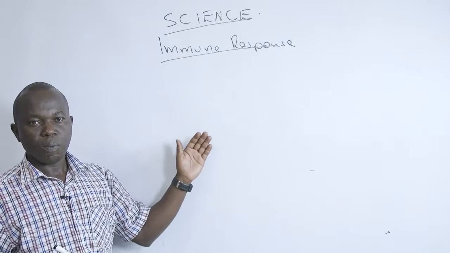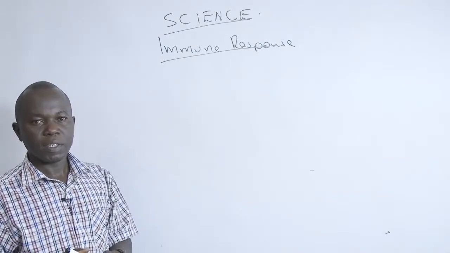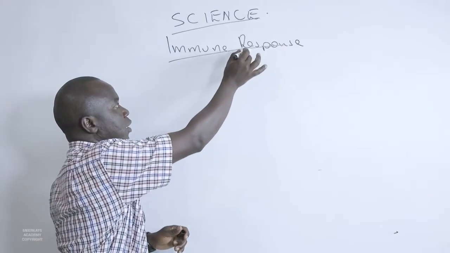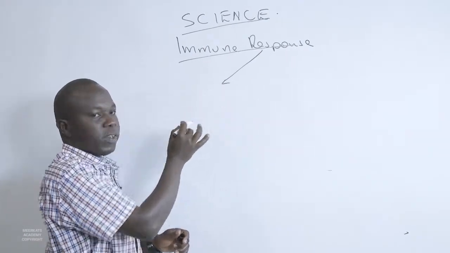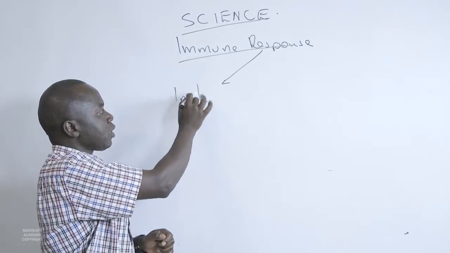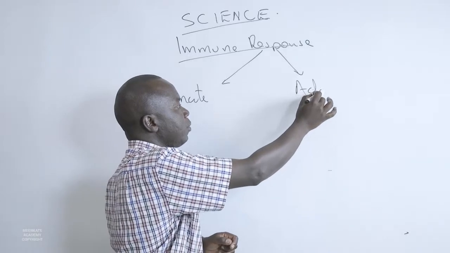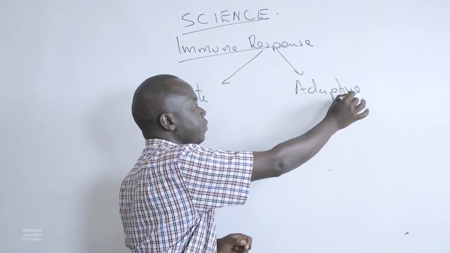And then we found out that we have 2 major types of immune responses. In summary, we have what you call innate immune response, and then we have adaptive immune response.